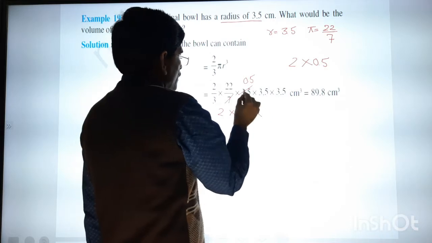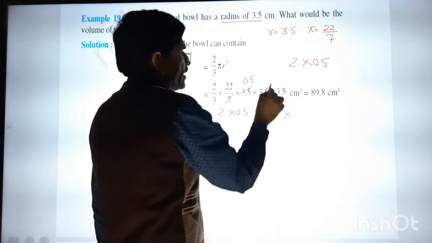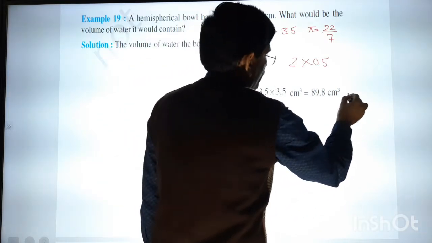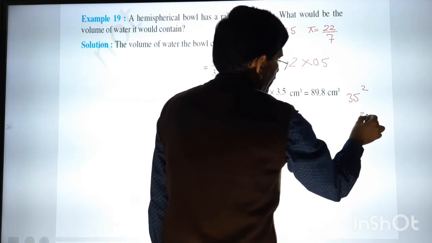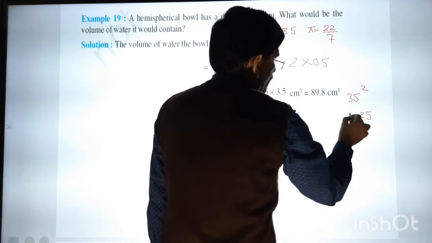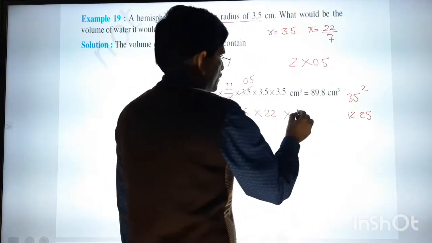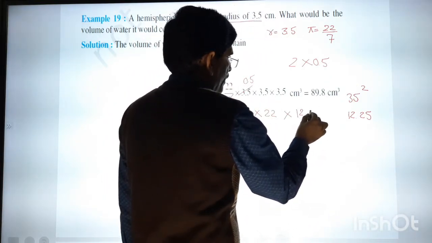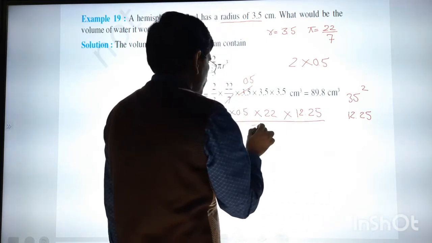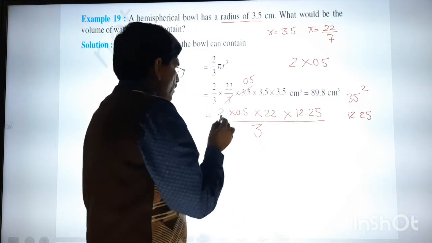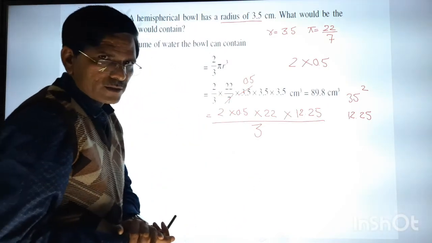And 22 into 3.5 square, we know. If someone asks us 3.5 square, 35 squared, 5 5s are 25, I have to write, 3 3s are 9, that's right. And 12.25 I have to write. So 12.25 upon 3. Now we know that 2 into 0.5 is 1, and 1 into 22 is 22.